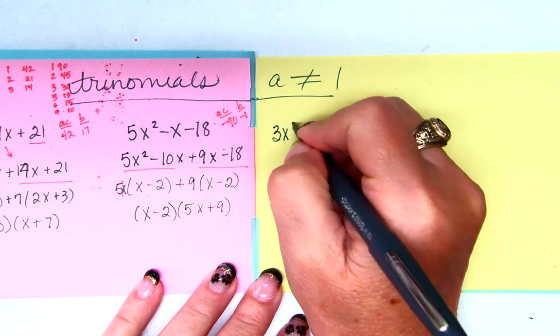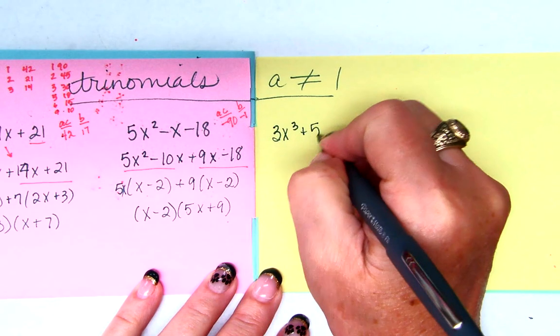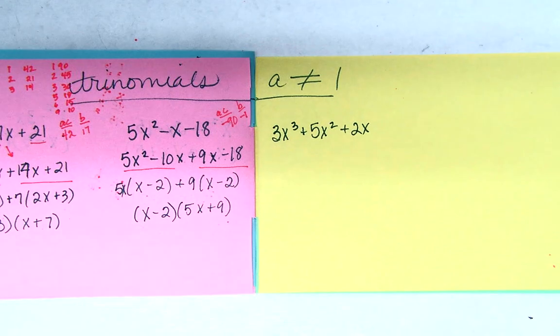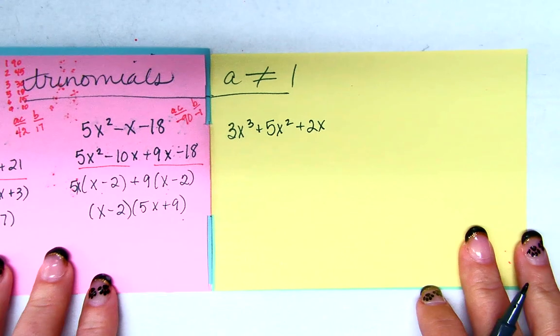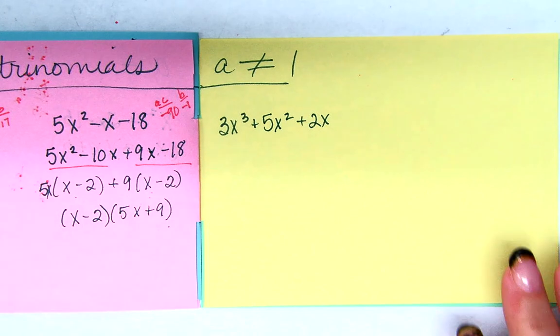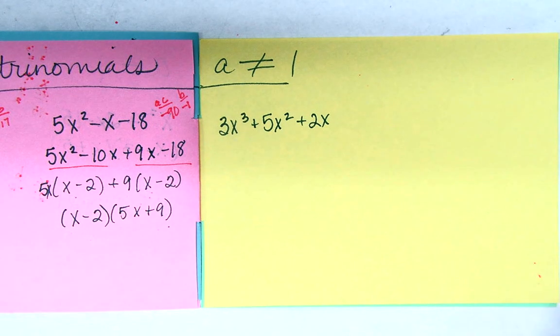Three x to the third plus 5x squared plus 2x. Uh-oh. I can't. Not this time. Oh, it's X. Can you divide the entire equation by x?